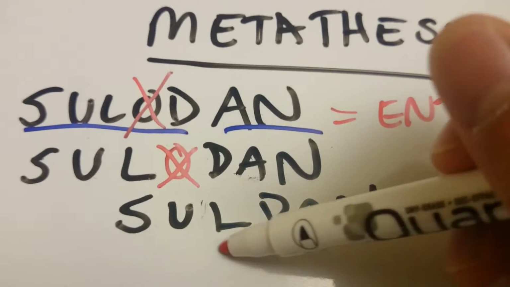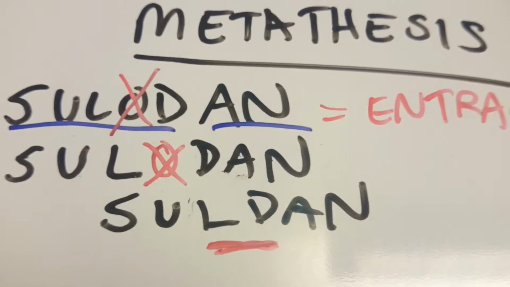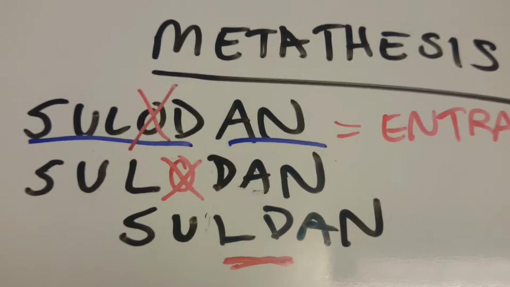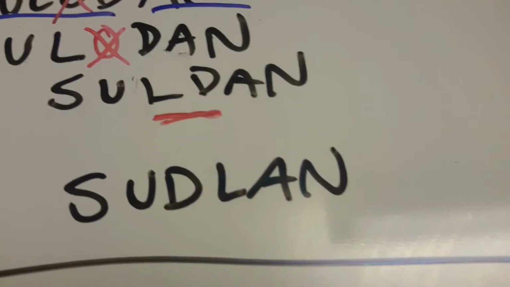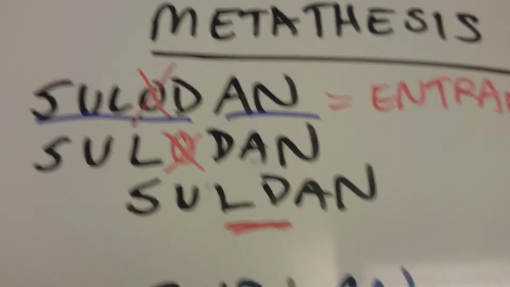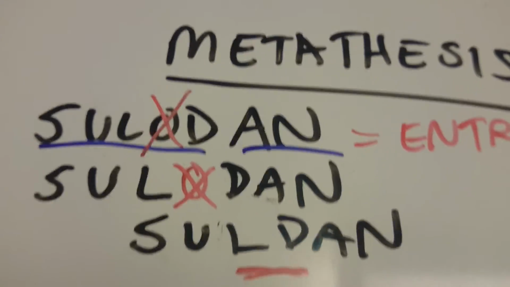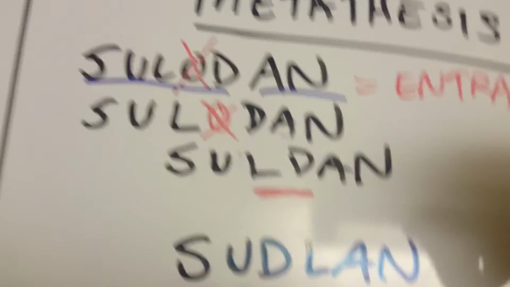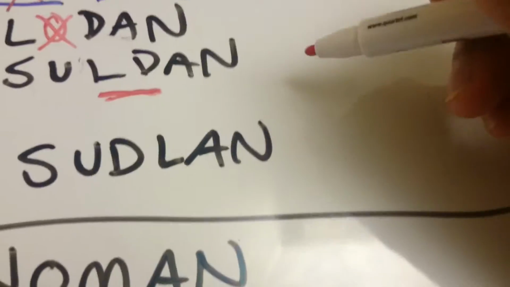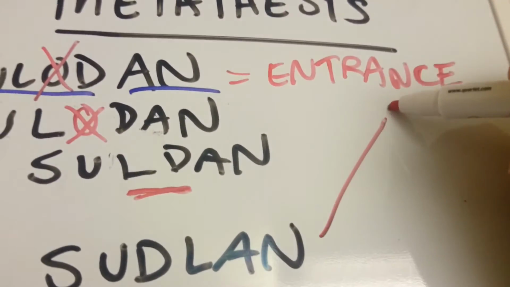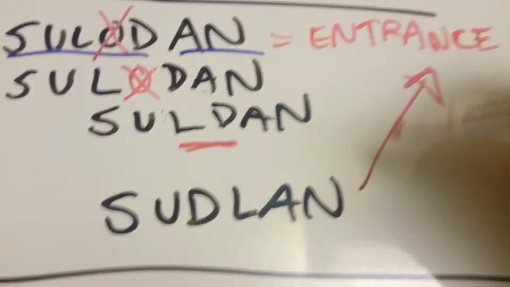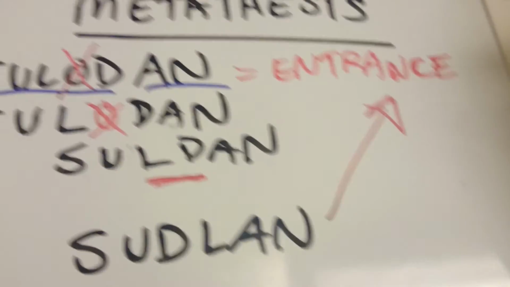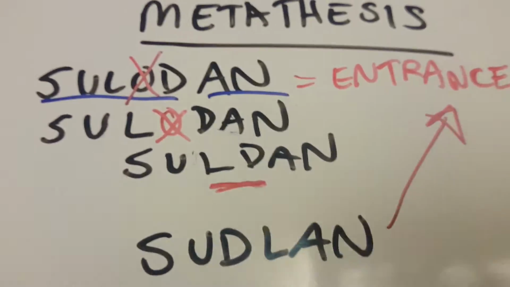So naturally this D and L will swap. They'll metathesize, and we get the final word, sudlan. Right? So we went from suludan to suldan to sudlan, which means entrance. And it's better to say sudlan instead of suludan. It just has a better conversational flow if you say it that way.